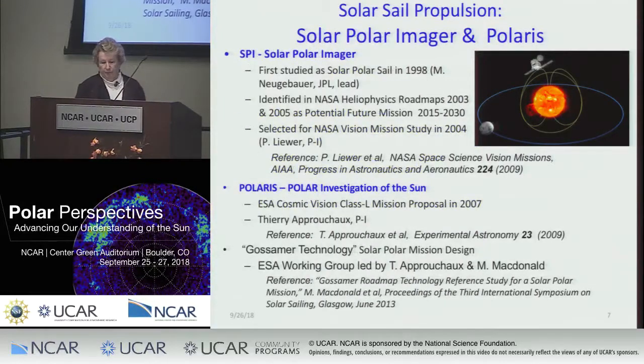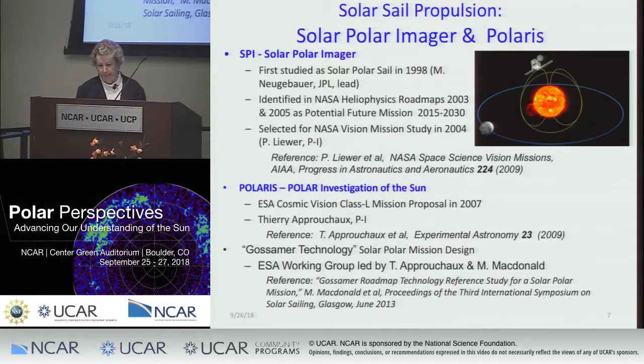Okay, then I spent a lot of time on this, the Solar Polar Imager, and also Polaris. This was a roadmap mission, but it started as a study by Marcia Neugebauer in 1998, and then I led a vision mission study of this starting in 2004.